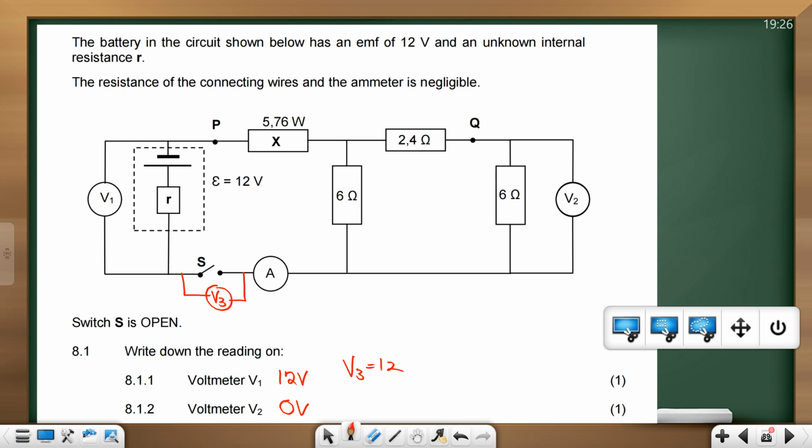But when it is closed, V3 would be 0 volts, simply because a switch has no resistance. R is equal to 0. So what is V equals to IR? Whatever the current is multiplied by 0.